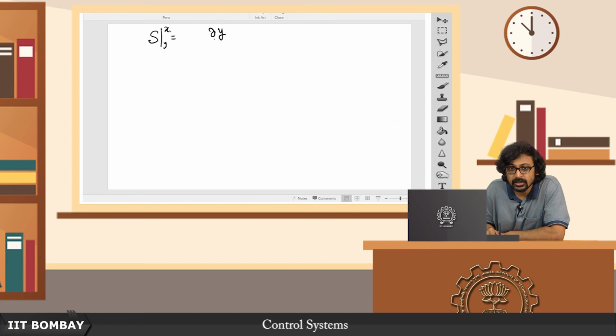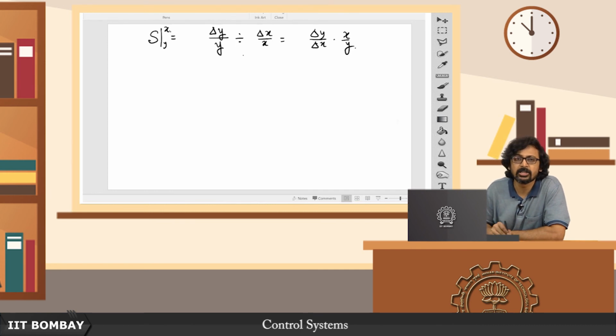So the fractional change in y divided by the fractional change in the independent variable. So that eventually leads to this del y upon del x into x upon y.